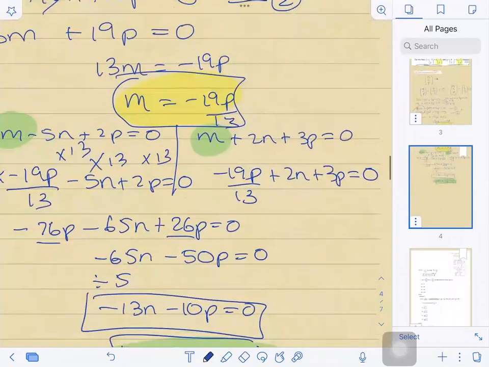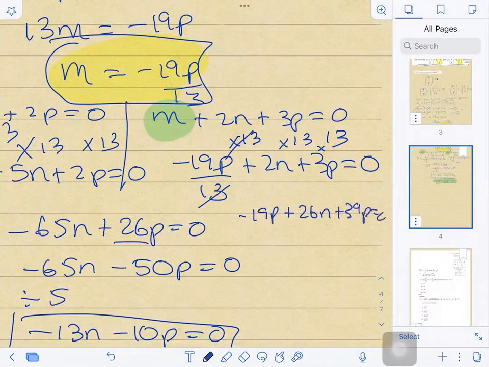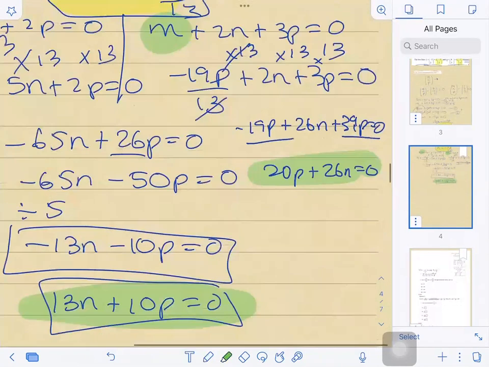Then we get the other one. I'm going to times this by 13 as well. So minus 19p plus 26n plus 39p equals 0. 39 minus 19 is 20, so you get 20p plus 26n equals 0. So there's another equation.